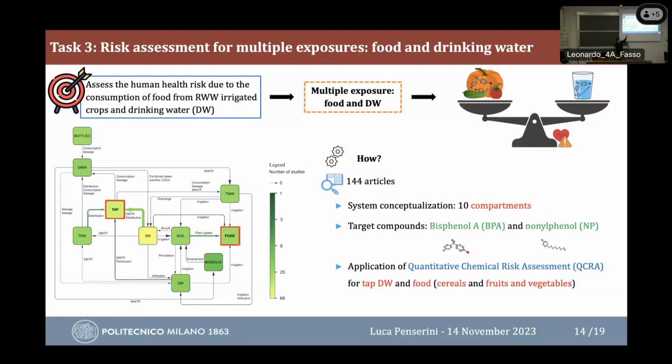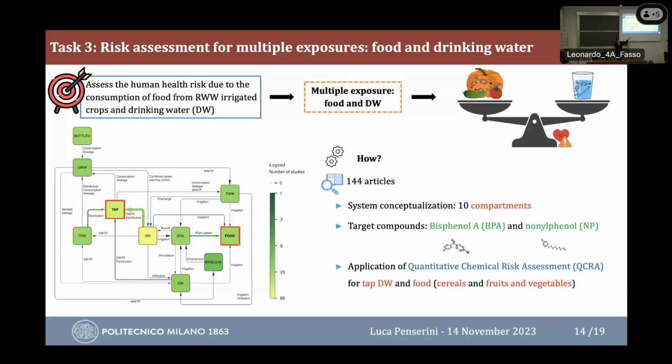This work has been based on literature data. We studied 144 articles and we classified them into this framework, identifying 10 compartments, which are the ones in yellowish green. We targeted bisphenol A and bisphenol A analogues, which are contaminants of emerging concern frequently present in drinking water and food, in particular in the packaging, due to the release from the packaging.